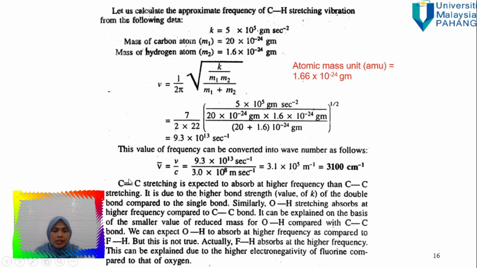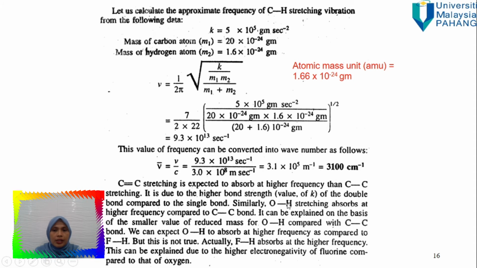Because C double bond C has more bond strength, so it has a K constant value double compared to the single bond. The same goes for the OH stretch, which absorbs higher frequency compared to C single bond C. It can be explained by the smaller value of reduced mass. So OH is lighter compared to C single bond C.